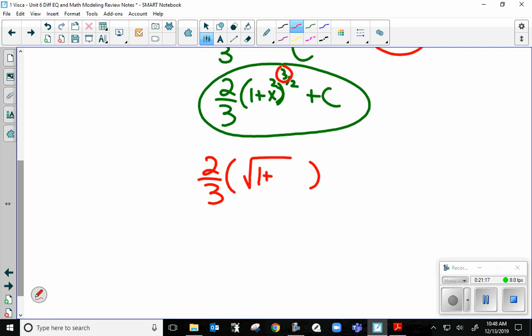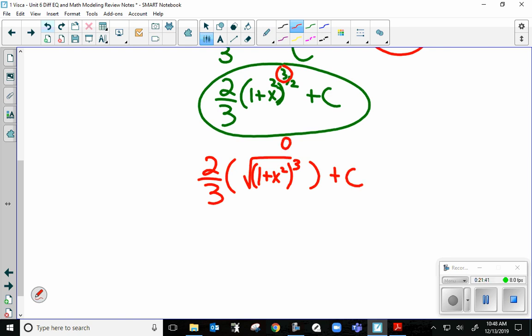I have 1 plus x squared in here. Top comes down, bottom flies out. So it's the square root of 1 plus x squared cubed. Now, if it's a square root, we really don't have to write the 2 there. Plus c. You can write it like that.